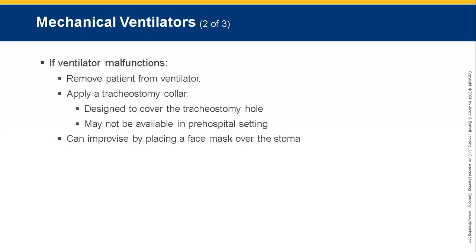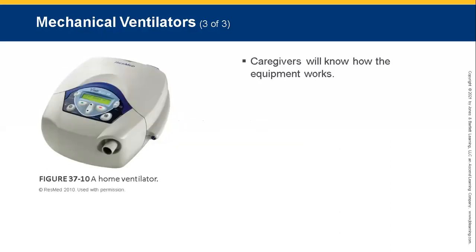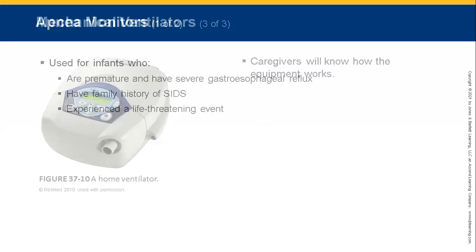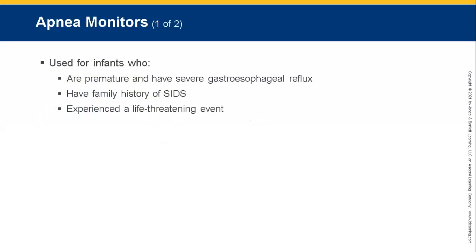It may not be available in the pre-hospital setting, so you can improvise by placing a mask over the stoma. That's what a home ventilator looks like. Caregivers will know how the equipment works. Let them guide you.